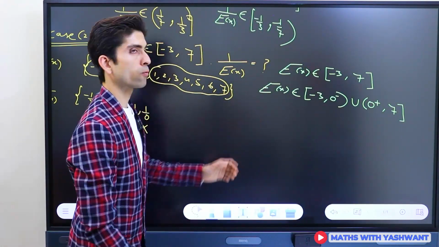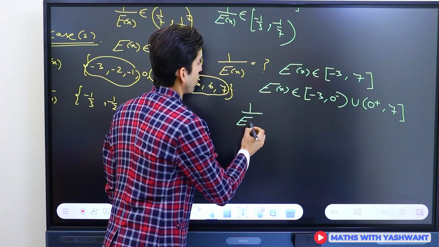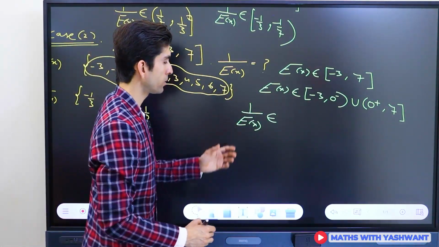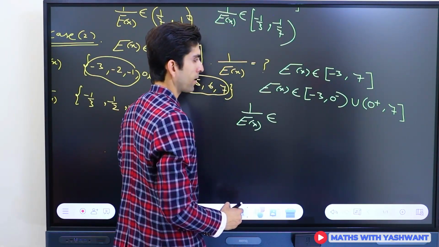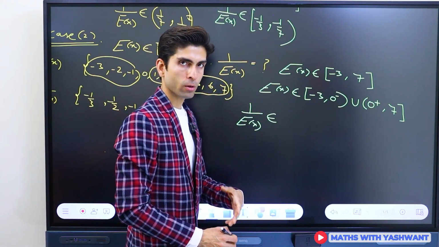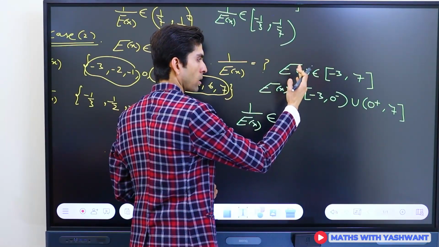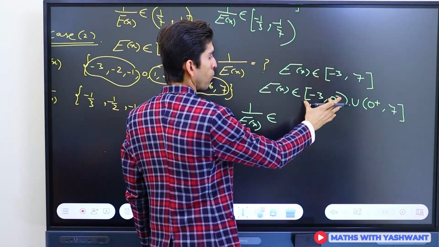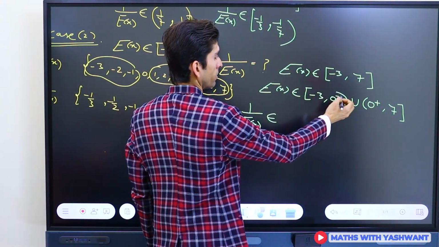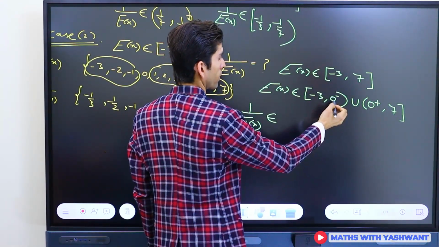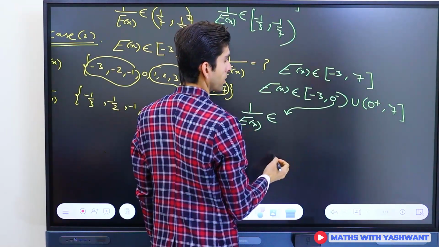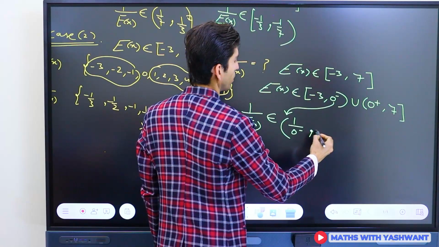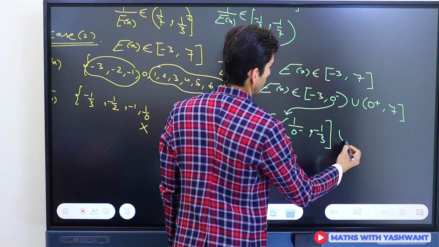Now for 1 by E of x, we follow the same working rule as we did for case 1: we simply do the reciprocal of the left and right hand boundary points, and we reverse their order while taking care of the close and open signs for both intervals. So for the first interval, we reverse and do the reciprocal: 1 upon 0 negative, open, and for -3 we have -1 by 3, close, union.